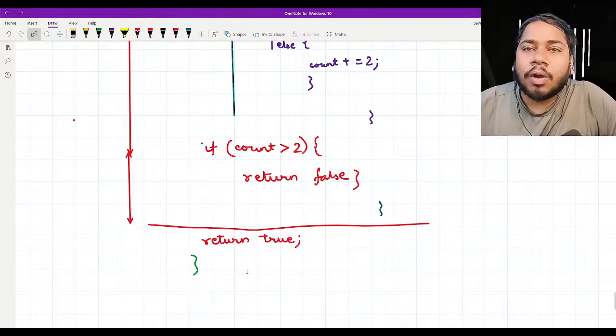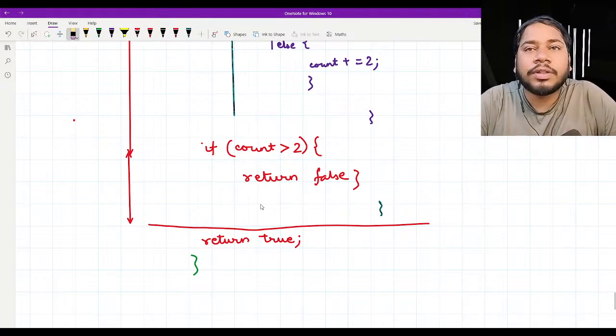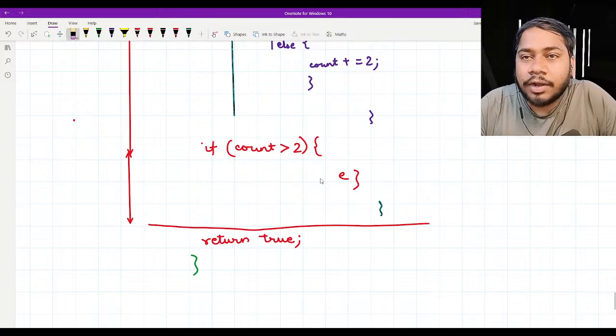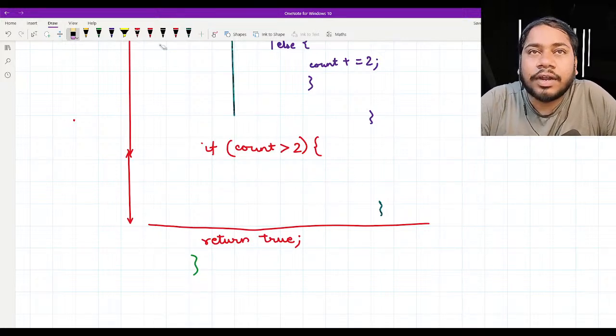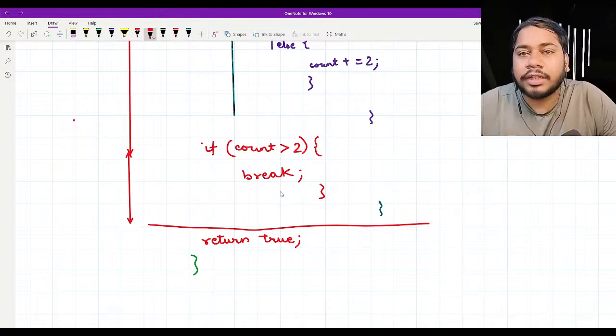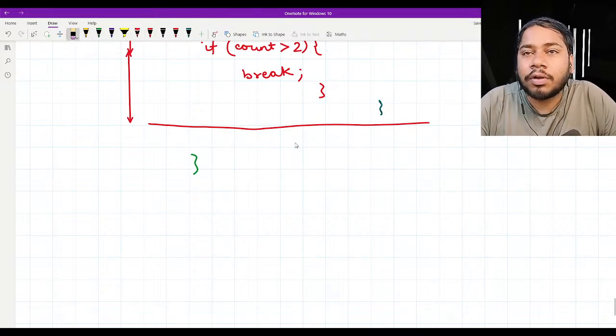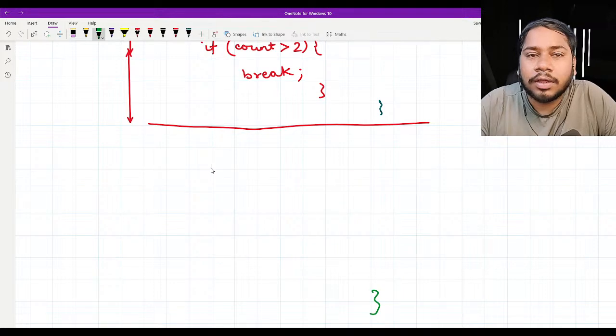Okay. Or what we can do? I can tell you one more method. If count is greater than 2, what we will do is break the for loop here itself. And when the for loop is broken, that helps us reduce the iterations.